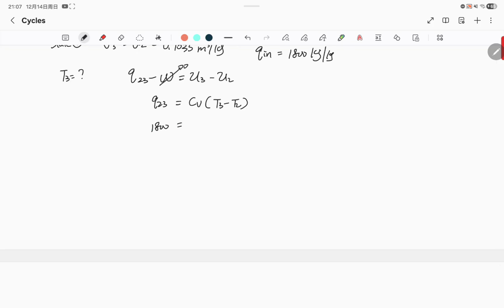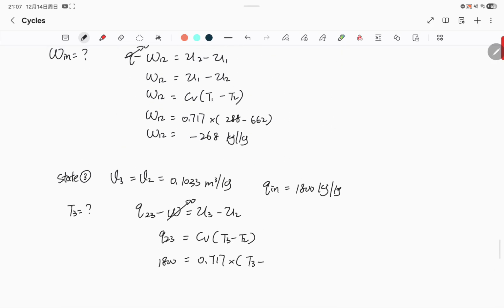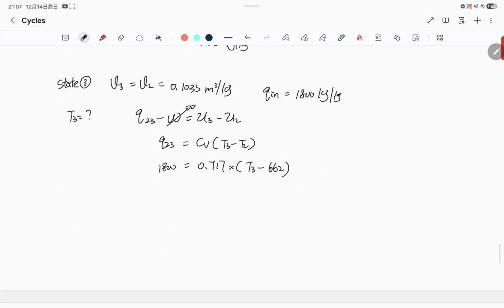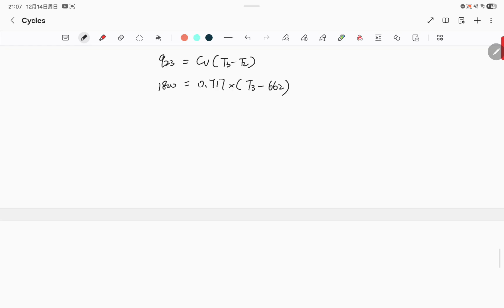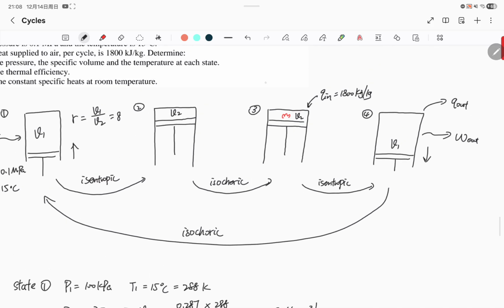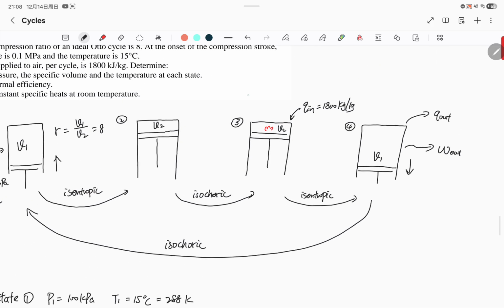CV is given. Well, it's not given, but it can be found from the property table. T3, that's what we're looking for, minus T2, which is calculated out. So T3 is this, which is pretty hot, right? We got ignition here, so we are expecting a very high value for temperature here.